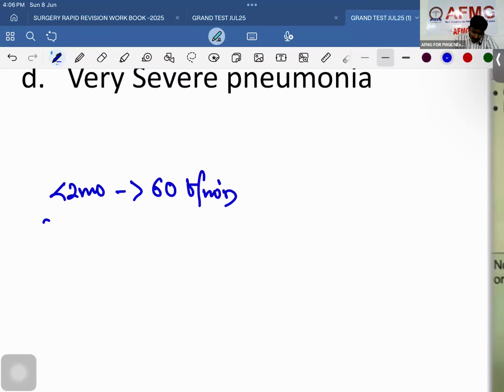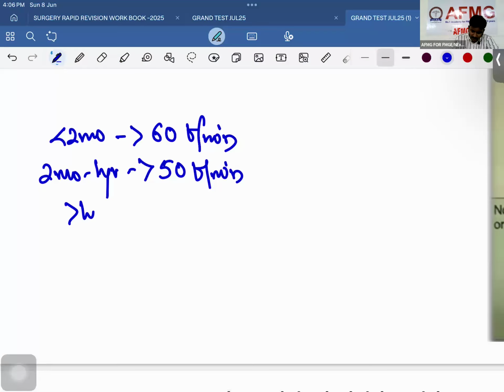Okay. From 2 months to 1 year, it is seen when the respiratory rate is more than 50 breaths per minute, beta. And lastly, if the child is more than 1 year old, tachypnea is said when it is more than 40 breaths per minute, bacche. That is important to be remembered.